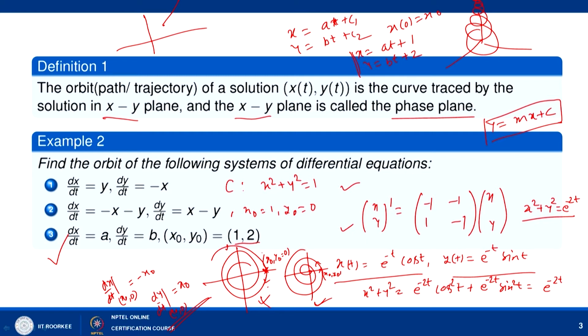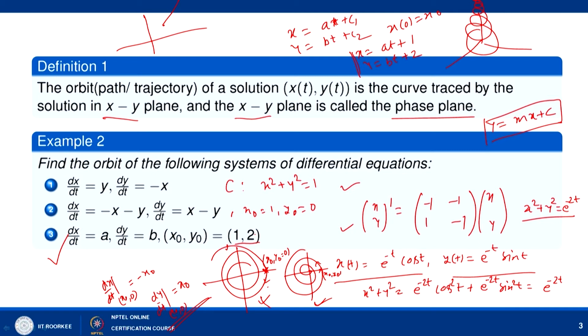Now, here everywhere we have imposed initial conditions x naught and y naught having certain different values. Now, if you remove your initial conditions, then it will give you all possible paths traced by the solution curves.